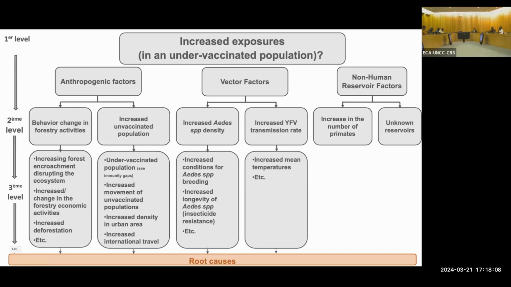So things are not so straightforward in yellow fever. Here it looks quite simple, yes, no, but we need to think about all that and take into consideration the complexity of the epidemiology of yellow fever.